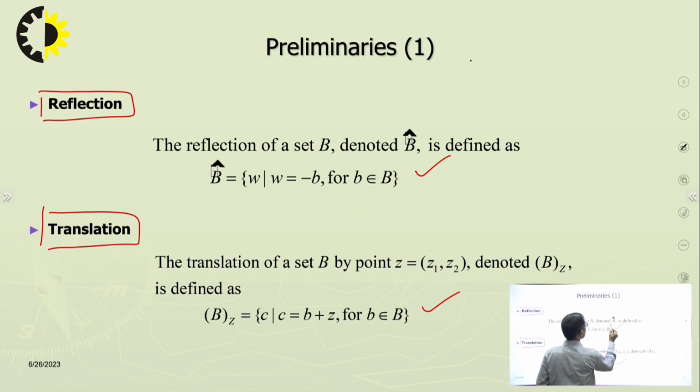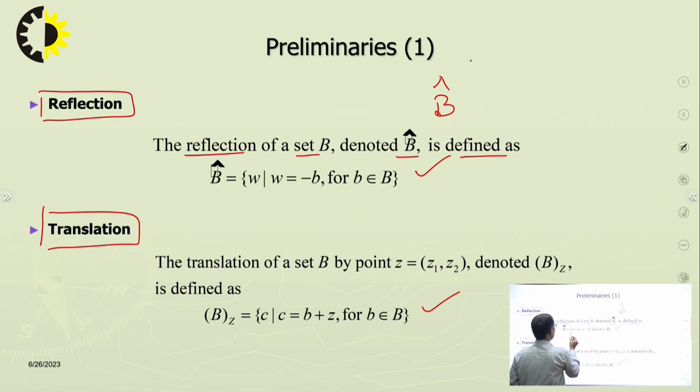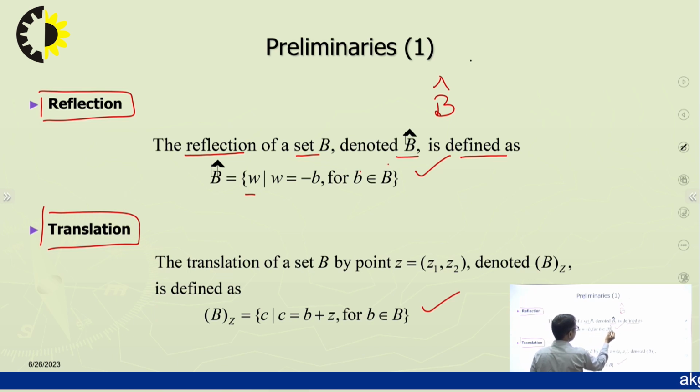The first operation, reflection, is represented by B cap. The reflection of set B is denoted by B cap and is defined as all the values w such that, for a particular value b of the set capital B, we have the negative, or you can say reflection, of small b.